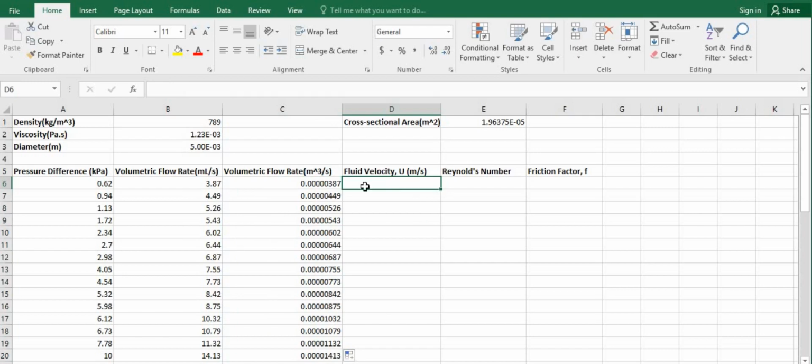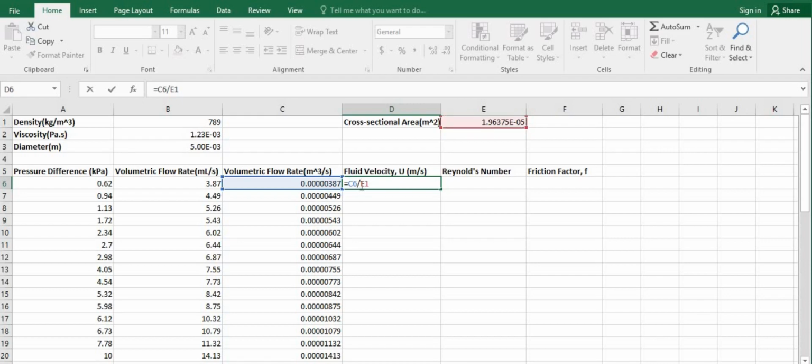As for the fluid velocity, we are going to relate it with this. That's our volumetric flow rate in meter cube per second divided by our cross-sectional area. Now remember that when calculating the fluid velocity, the cross-sectional area will be a constant value that will apply to all these. So when writing our formula, equal to volumetric flow rate divided by, when writing the cell address for cross-sectional area, we'll input a dollar sign before the name of the column to indicate that the column is constant before we put our cell address.